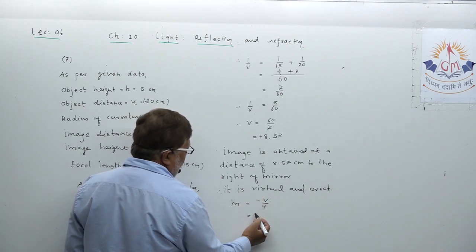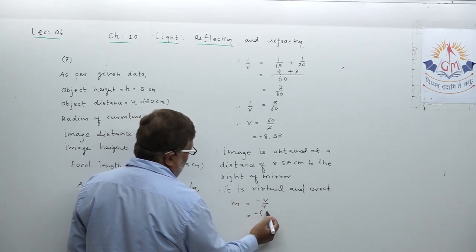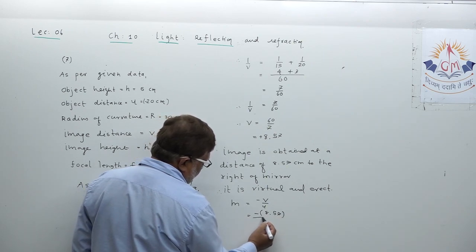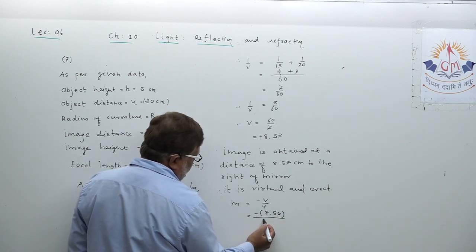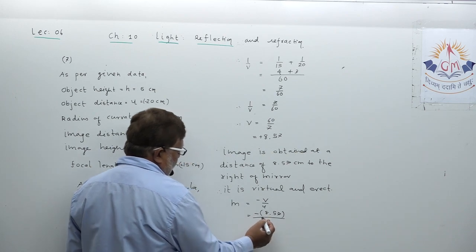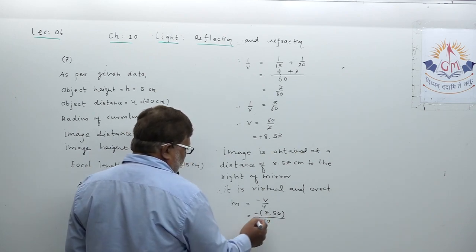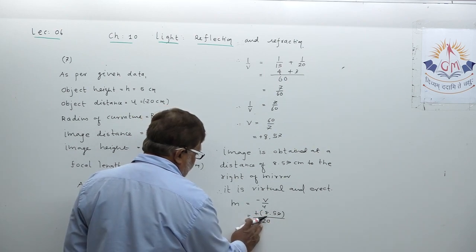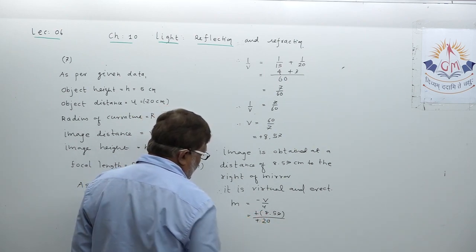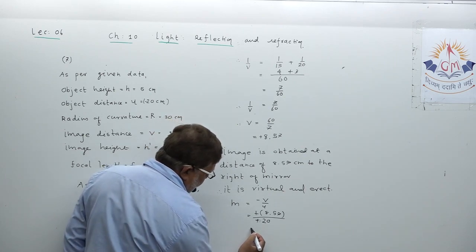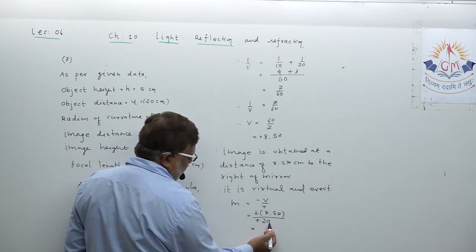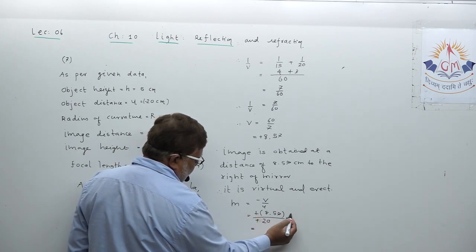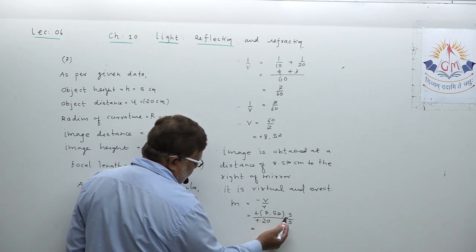Let us continue with this also, dear student. It will be okay. Minus 8.57 upon u, that is minus 20. Understand? So what is going to happen? Minus minus plus. To get the value of magnification, 20 is here, so you can multiply by 5 with numerator and denominator.